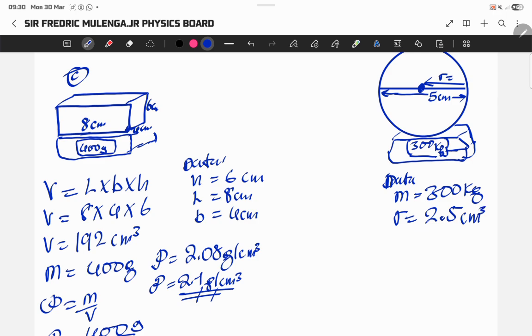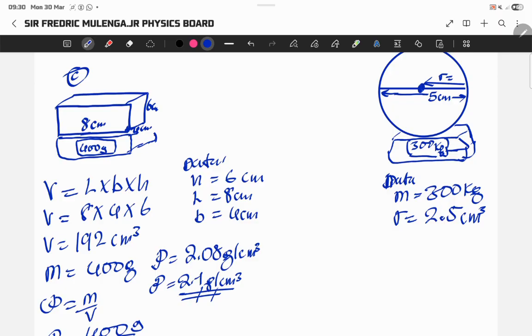But look, we have a different SI unit here. So what do we do? First, let's solve the volume in centimeter cubed.